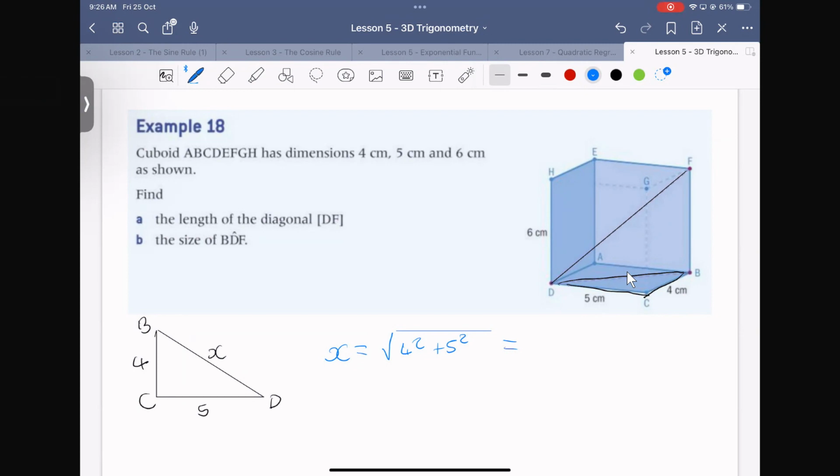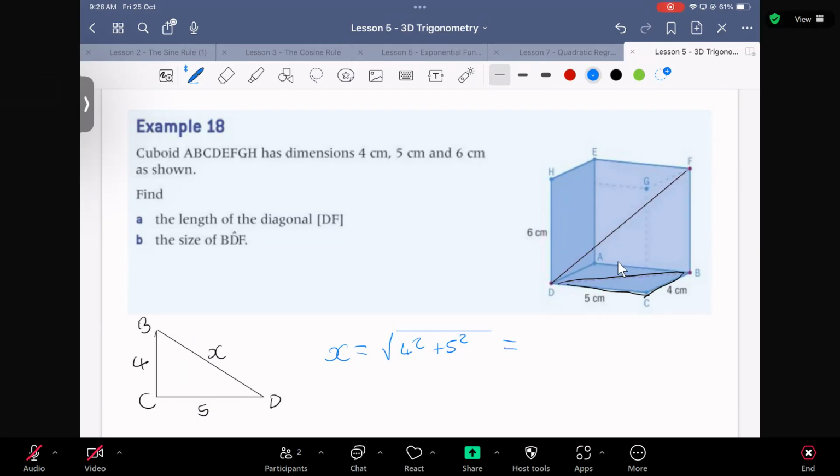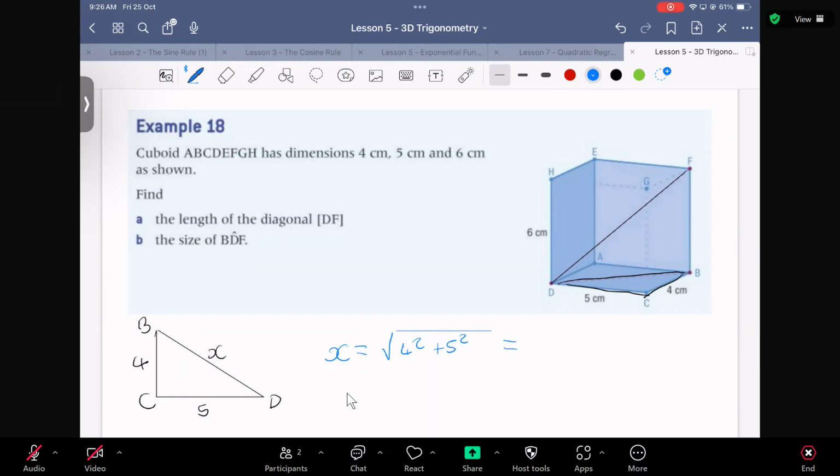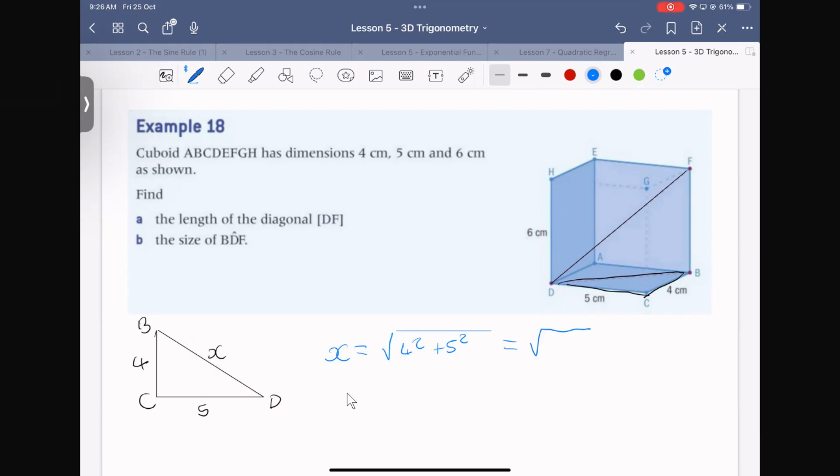Simplify it to an exact value. All right, so what do we get there? 41, yeah, perfect. Use values like this, particularly because the next step is also going to be another Pythagorean theorem, and you'll square this and the root 41 will just become 41.